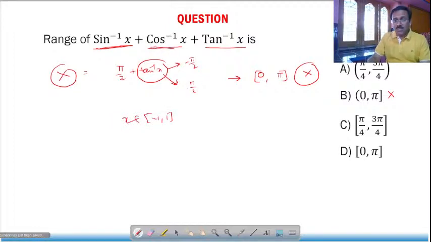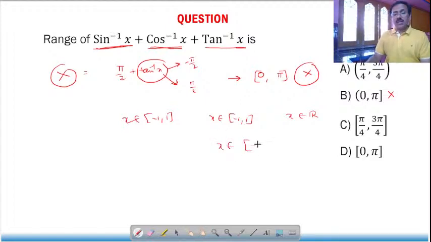Even cos inverse x is also meaningful only when x belongs to minus 1 to 1. Tan inverse x means x can be any real number. So for the definition of all these three, x must be in the interval minus 1 to 1 only. This is the domain.